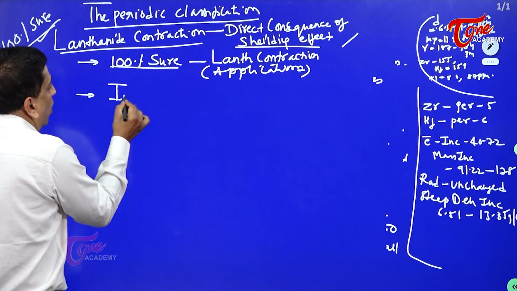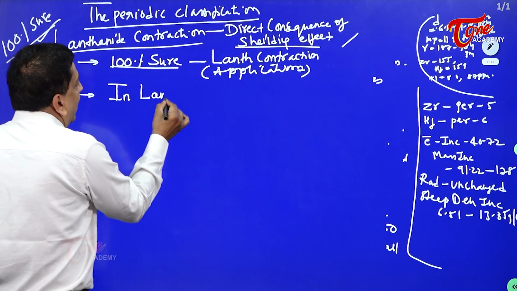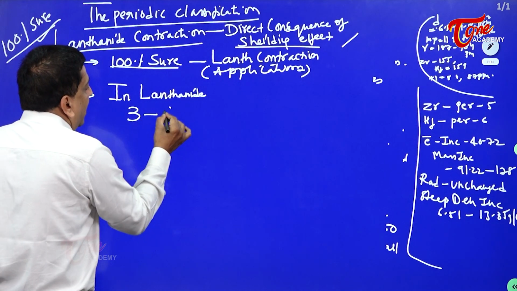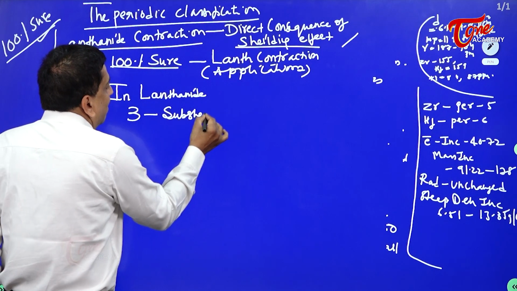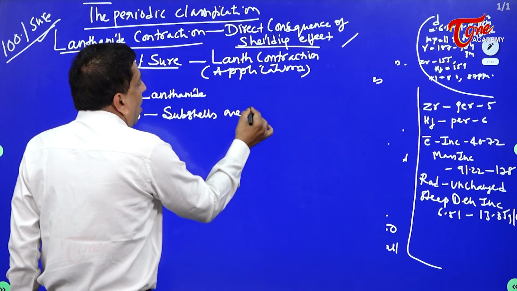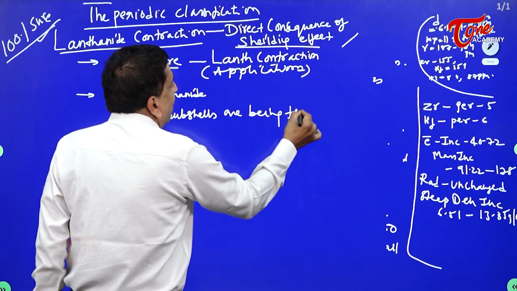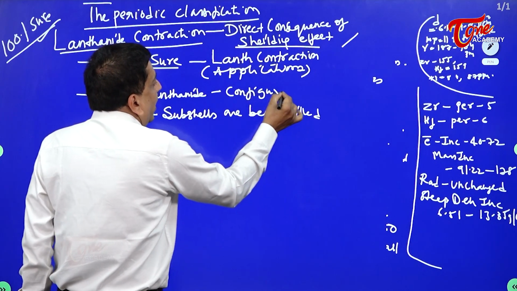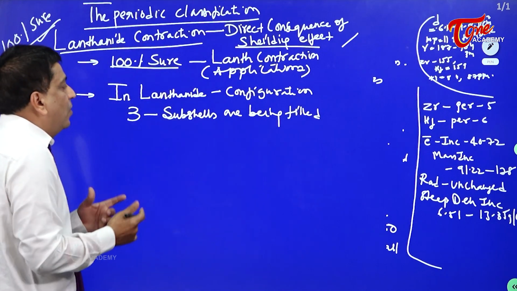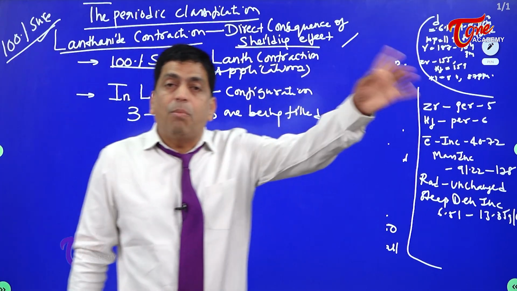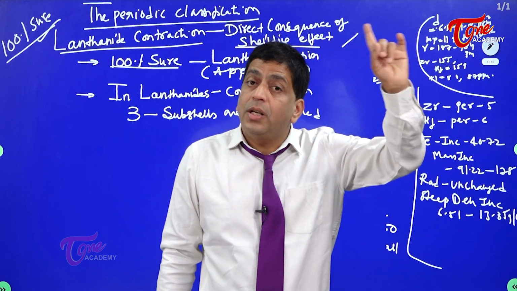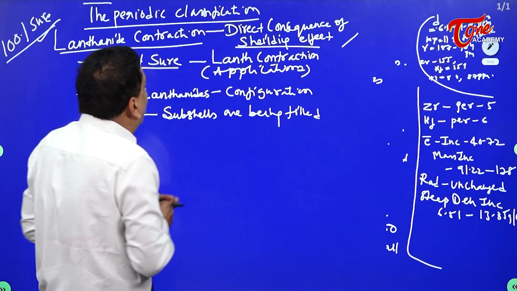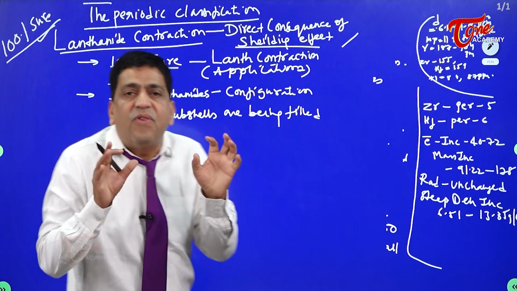In lanthanides, watch carefully here, 3 subshells are being filled while writing lanthanide configurations. If you write the configurations of lanthanides, not lanthanum. Lanthanum is a D block element, must understand that. What I'm telling is, in lanthanides configuration, 3 subshells are being filled.